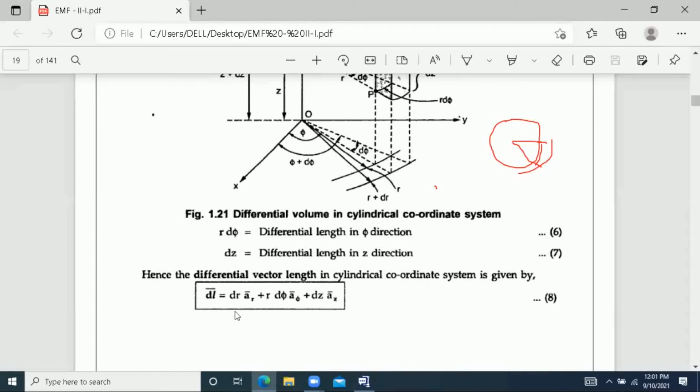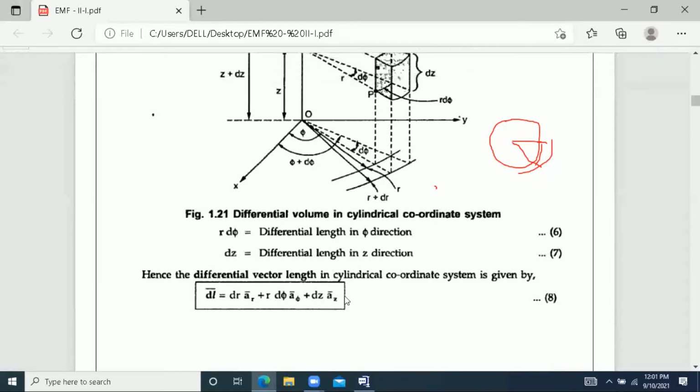So your differential lengths would be dr in the ar, r d phi in the a phi, and dz in the az. With me?